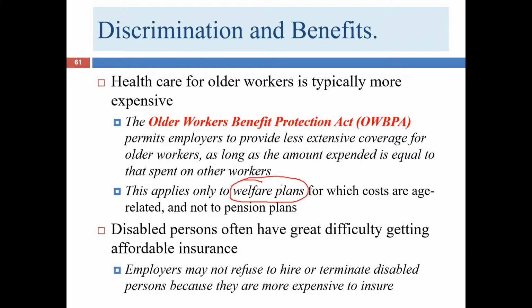These are the non-pension plans that qualify as ERISA plans, so things like health insurance, disability insurance, life insurance, those types of things are welfare plans. Under the Older Workers Benefit Protection Act, there isn't an option for the employer to pay fewer benefits to the older worker.